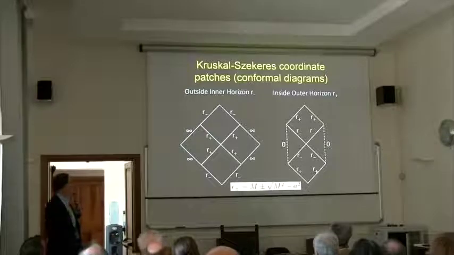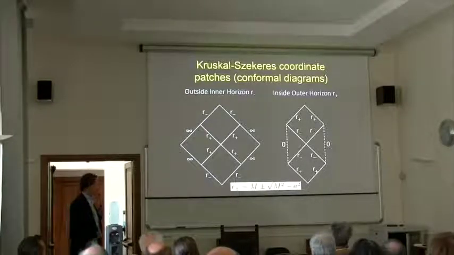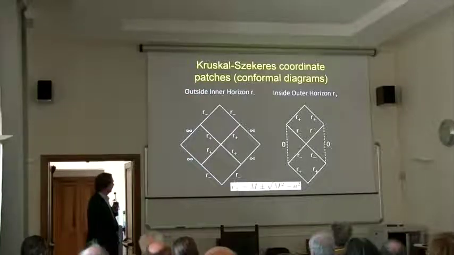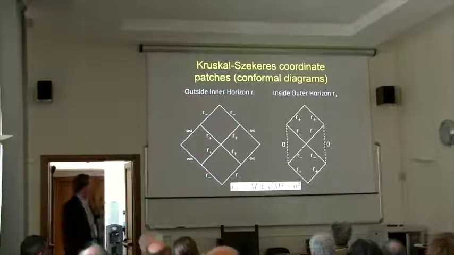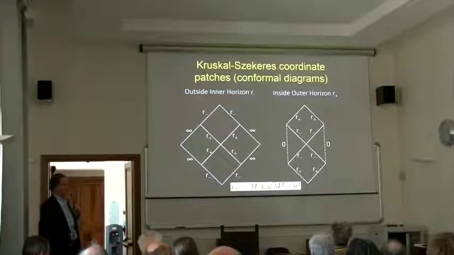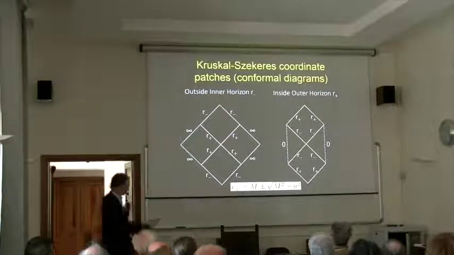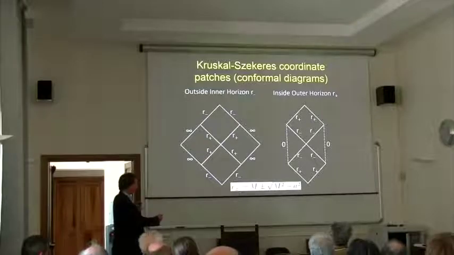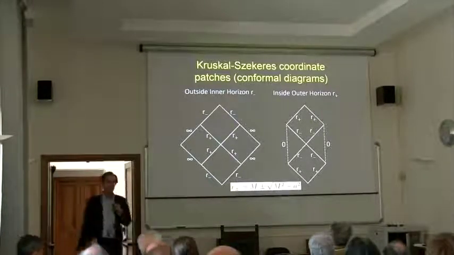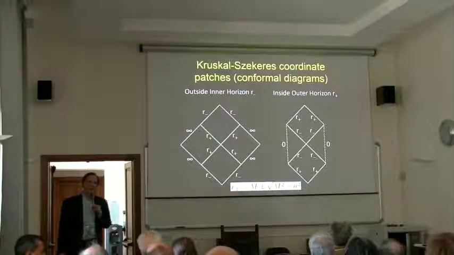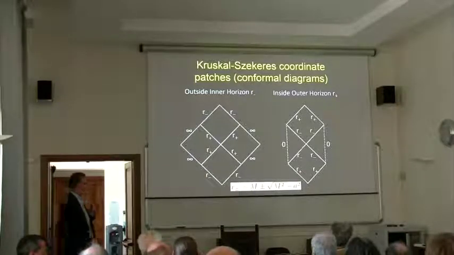And there's a conventional way of doing this using Kruskal-Szekeres type diagrams and coordinates, or Kerr-Schild type coordinates. And the important thing here is to notice that there are 45-degree lines. These are horizons. So a photon world line can skim a horizon.